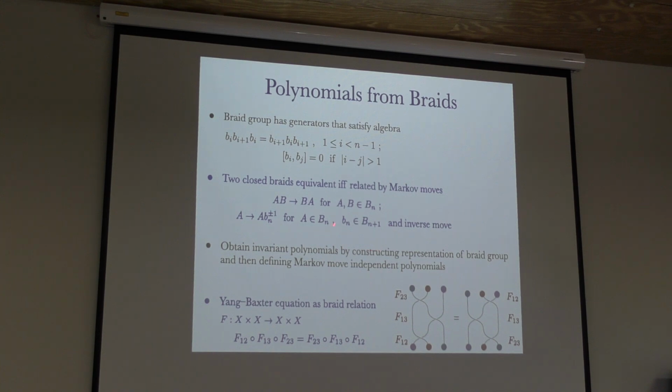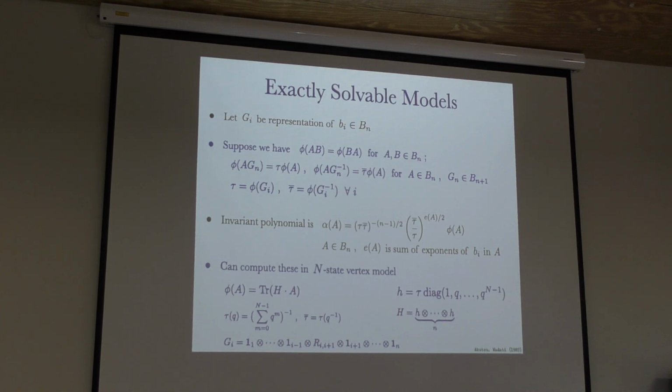The other Markov move involves the braid group with one extra strand. And we take invariant polynomials by constructing a representation of the braid group and defining things which are invariant under these Markov moves. So the Yang-Baxter relation we realize as a braid relation, and we'll use the technology of Yang-Baxter equations and R matrices in order to compute the data set of colored Jones polynomials.